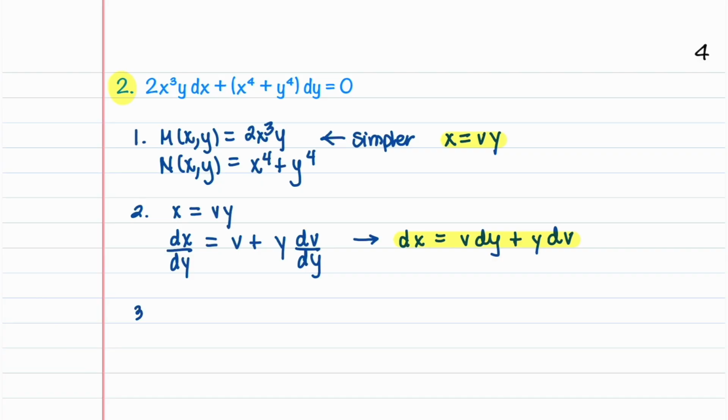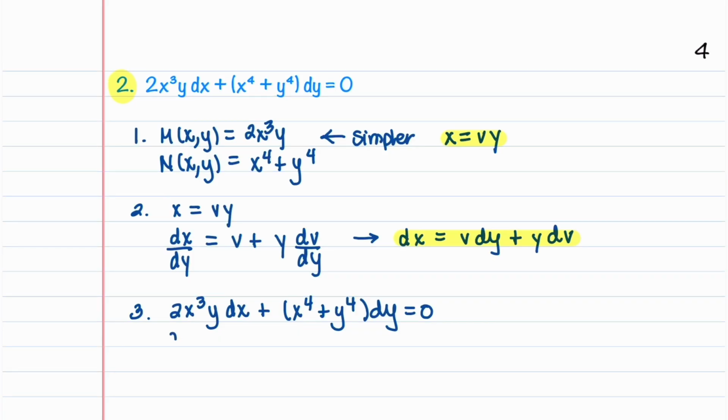In step 3, we're going to take both of those highlighted expressions and we're going to put them back into our differential equation. Let's write our differential equation down. 2x cubed y dx plus x to the fourth plus y to the fourth dy is equal to 0. We're going to substitute in for x and dx.